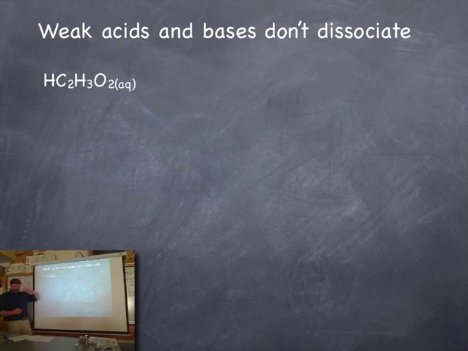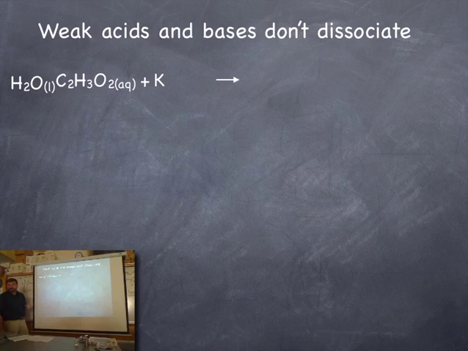I can get ethanoic acid to react with potassium hydroxide. What's going to happen is the hydroxide is going to come, and it's literally going to pull this hydrogen off. It's going to rip it off of the molecule.